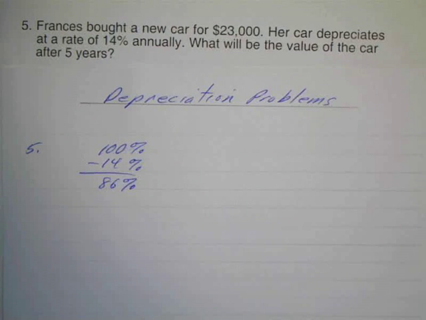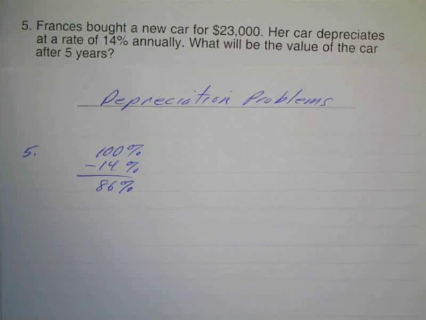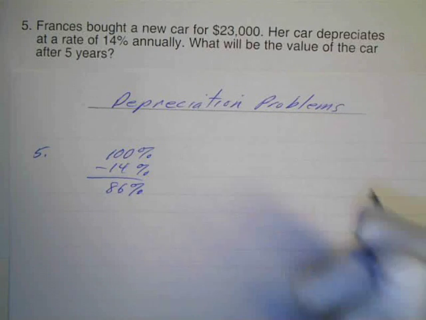So it's kind of like interest, but we're going smaller than 1. Okay? So it's almost like 1 minus the rate. And I guess you could think of the depreciation as being the value times 1 minus the rate to the n power. Now we don't ever have a formula like that, but you could think of that.